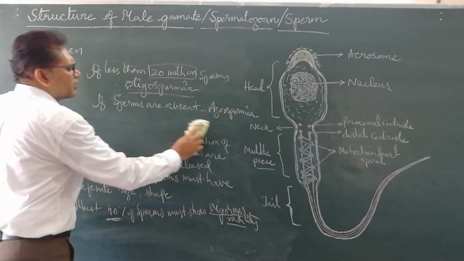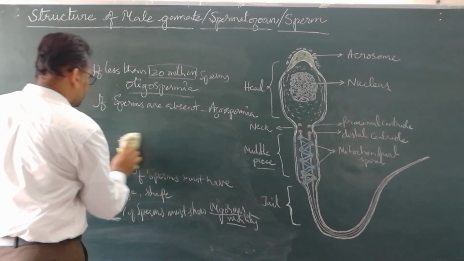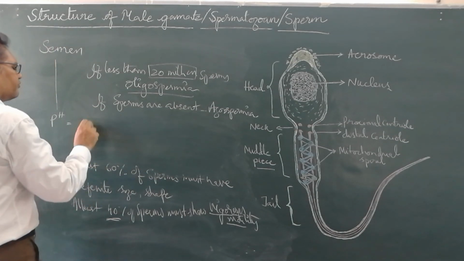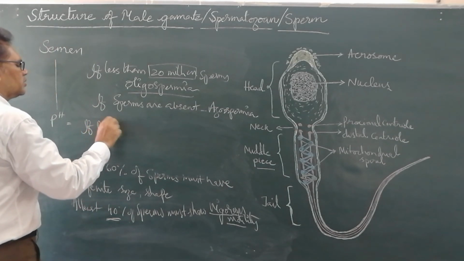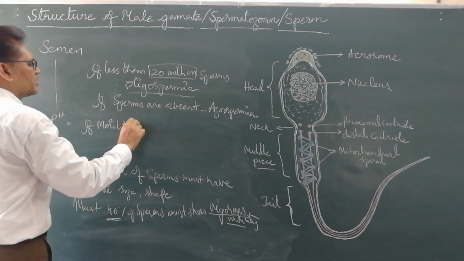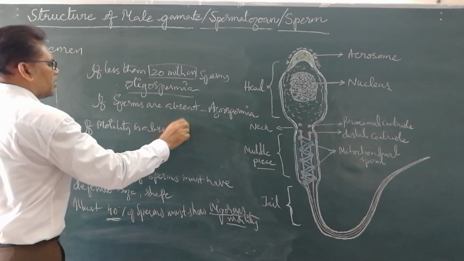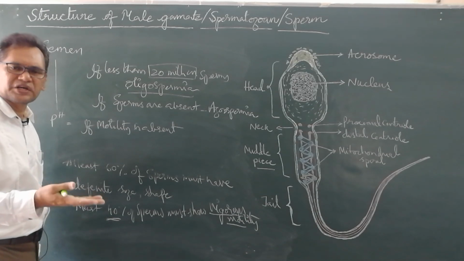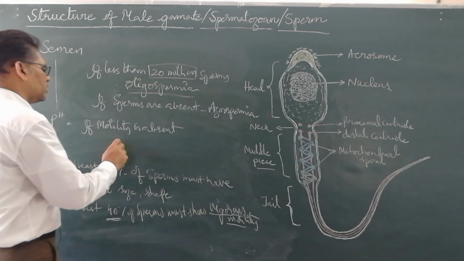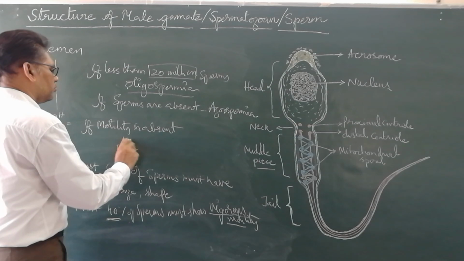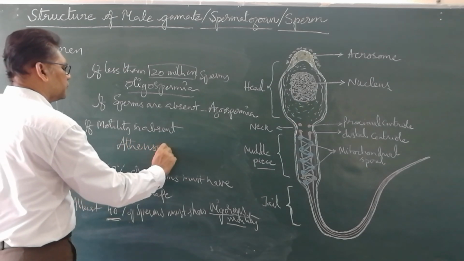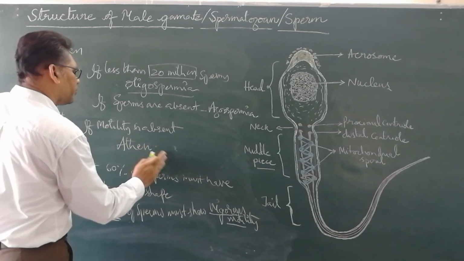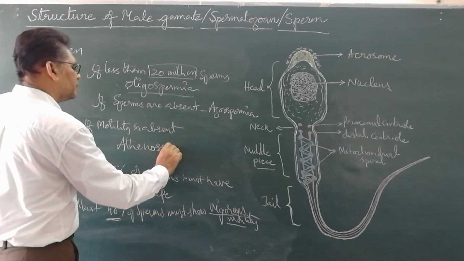Similarly, if motility is absent, it means sperms are unable to move, not showing any movement. Now this is called asthenospermia.